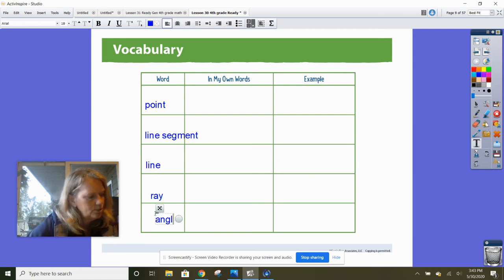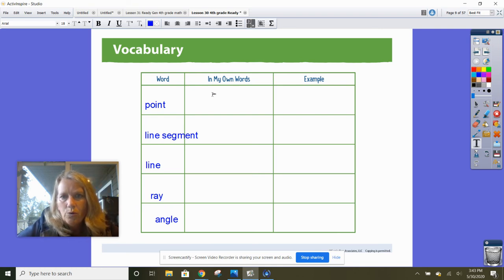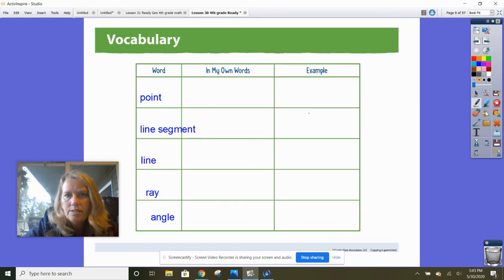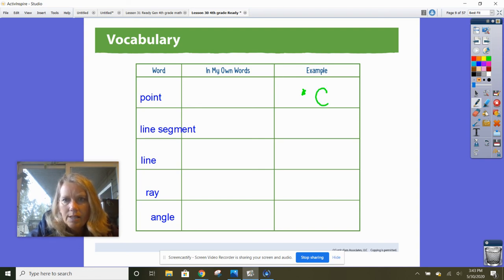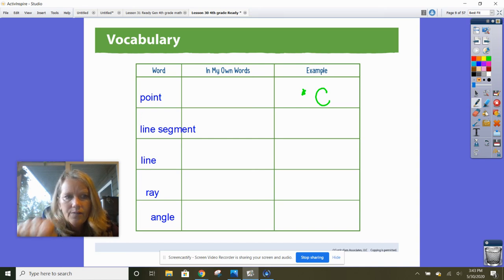You should be able to do all of that quite easily because it's just on the other one. So put it in your own words, give an example, and that can just be a picture. There's a point, there's a picture. And you probably want to do a labeling. Maybe you want to call it A, or maybe you want to give it the capital letter of your name. It can be whatever capital letter of the alphabet you want to use.